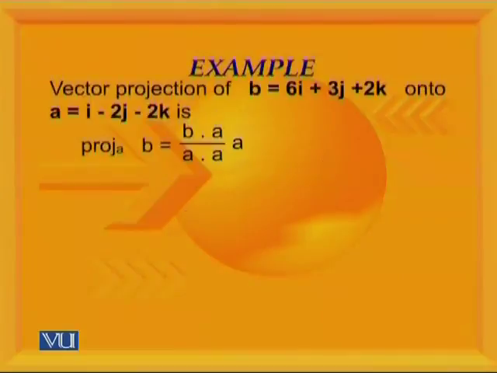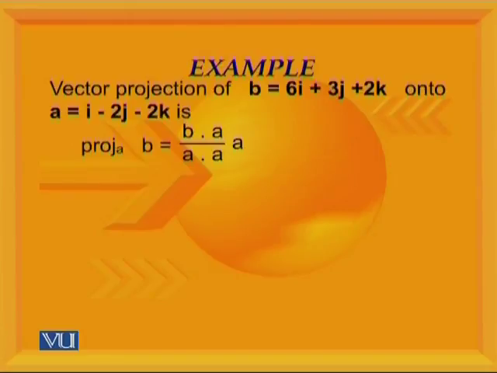We come to the next example for finding a vector projection of the vector B in the direction of A. Here B is 6i plus 3j plus 2k, and the vector A is i minus 2j minus 2k.